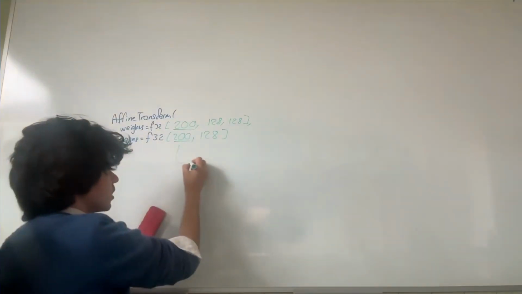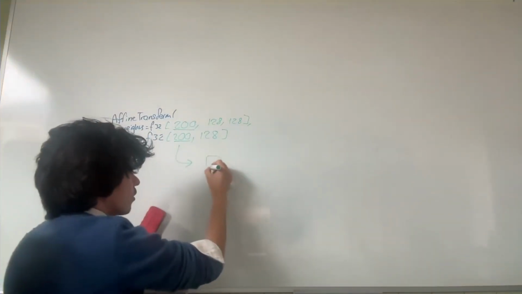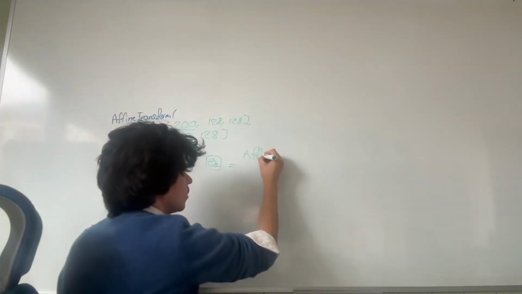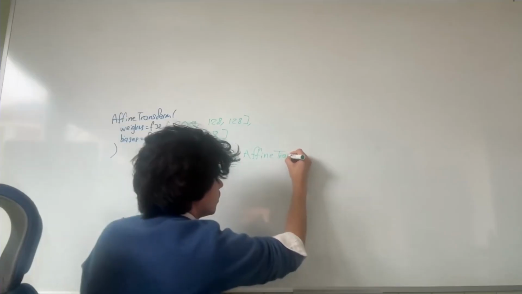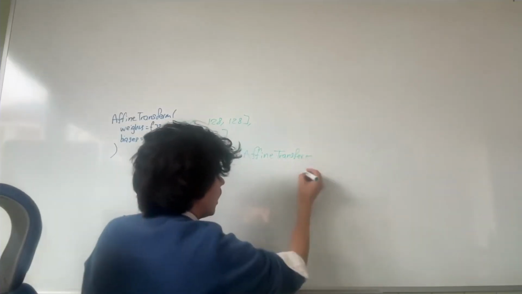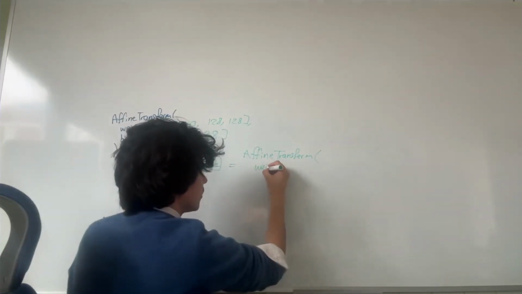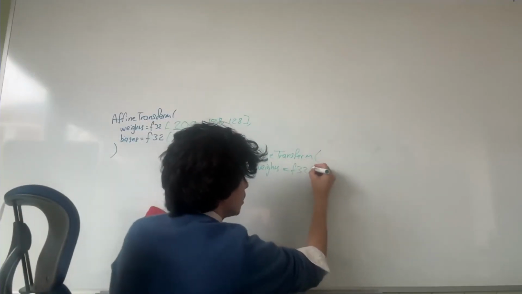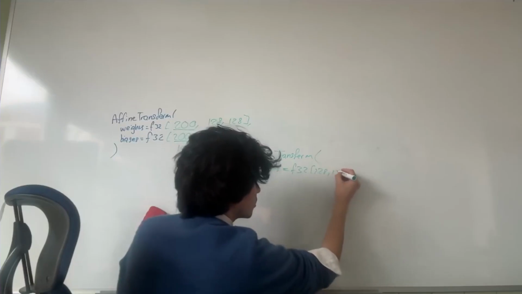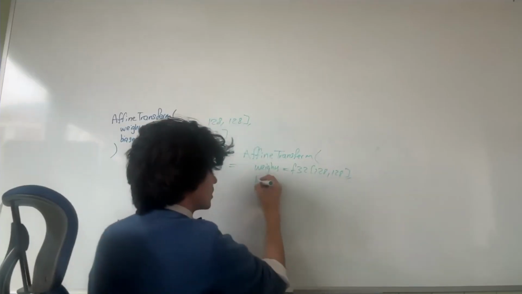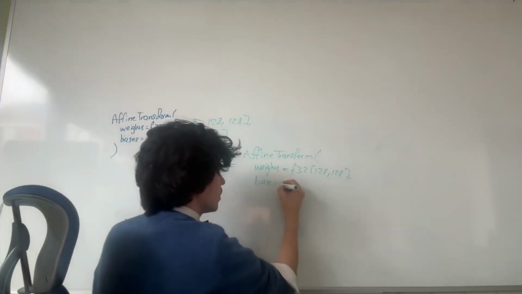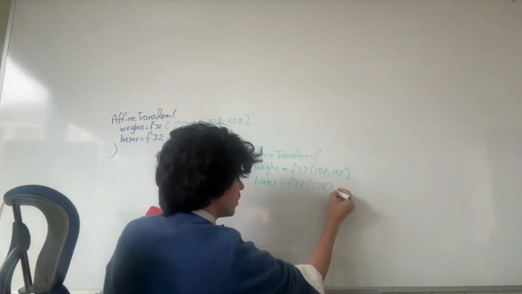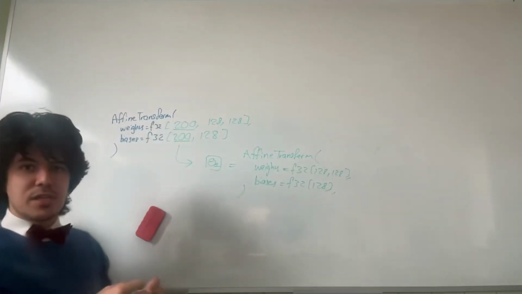And so this is going to mean that theta 1 is going to be equal to an affine transform with the shape weights equals an F32 128 by 128, and then biases equals F32 128. And so that is what we need to go into our code, right?